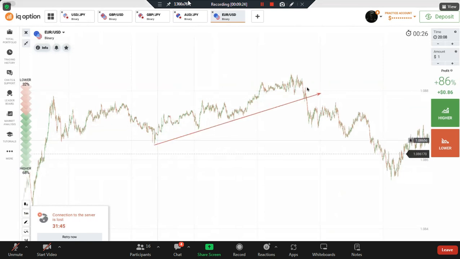You are seeing the market touch this trend line, and here touch this trend line, and reverse back. So the touches are important, the sellers' touch and the bullish candle you are seeing.